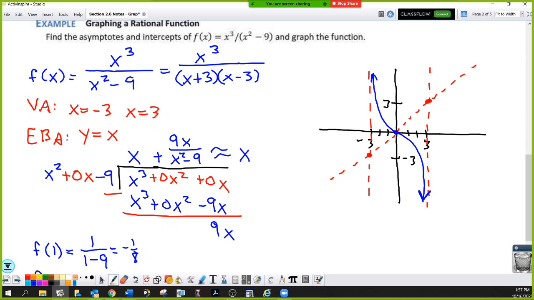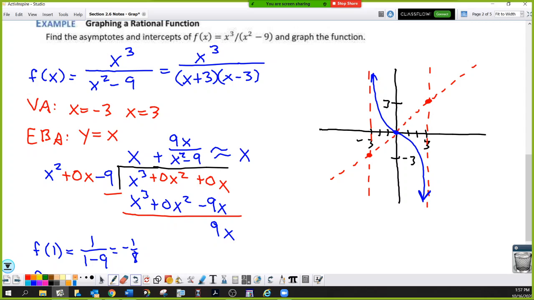What shape does that look like? A cubic. Oh, look, a cubic. So I'm not surprised.